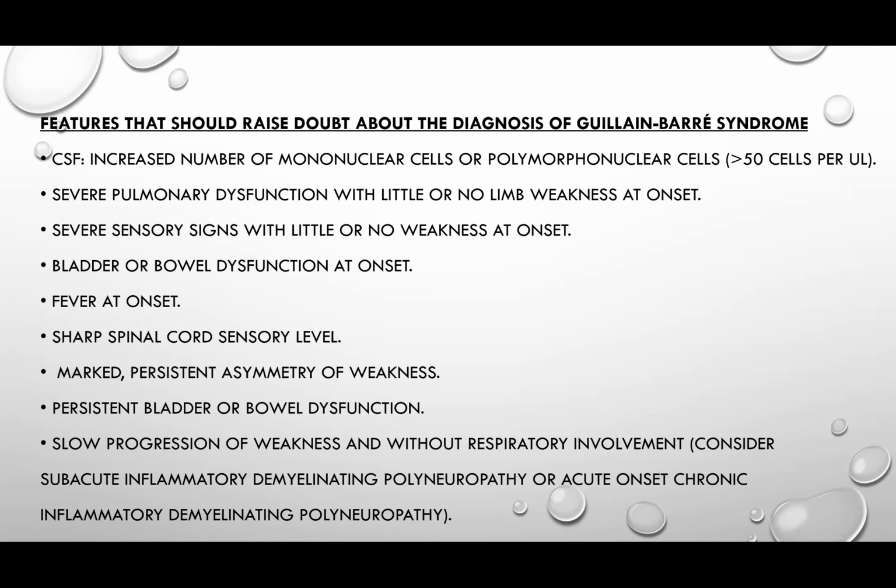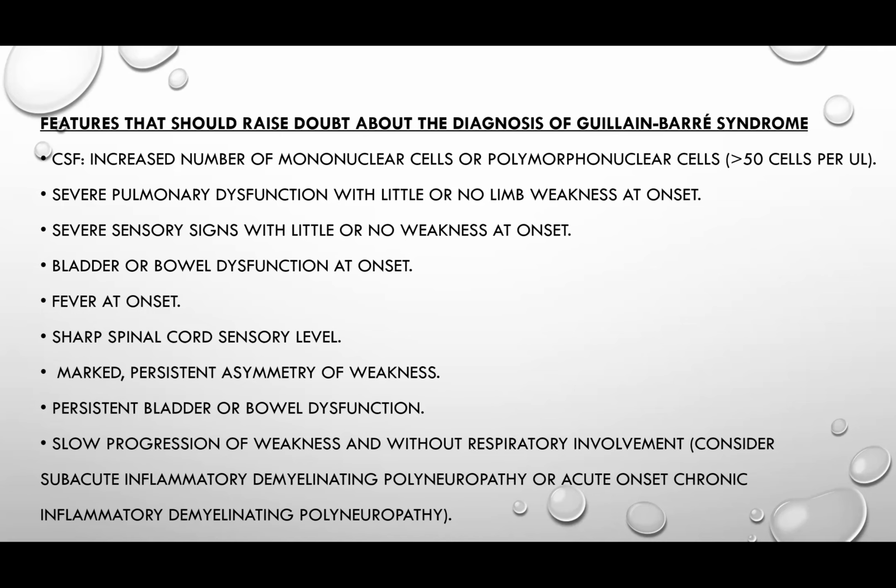Severe sensory signs with little or no weakness at onset. Bladder or bowel dysfunction at onset. Fever at onset. Sharp spinal cord sensory level. Marked persistent asymmetry of weakness. Persistent bladder or bowel dysfunction. Slow progression of weakness and without respiratory involvement.